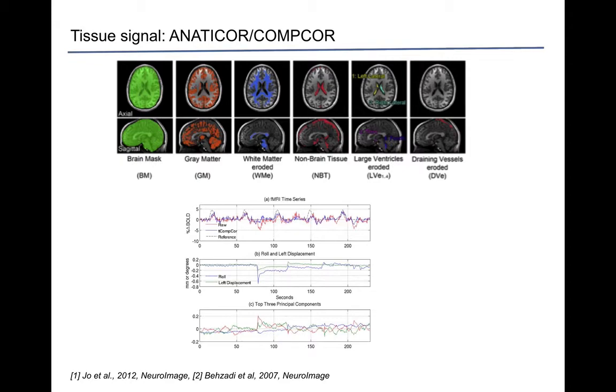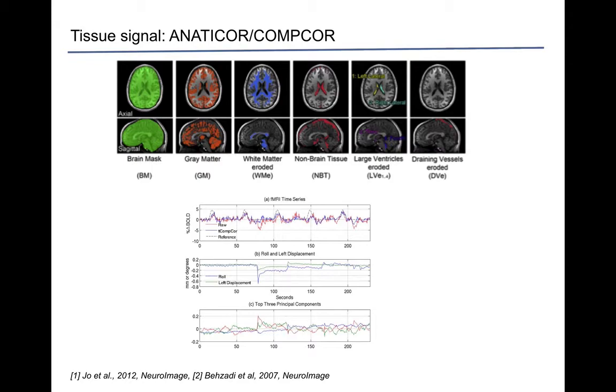But reducing the effect of physiological noise using the approaches that I mentioned requires some external recording. There are other approaches that do not require external recordings, and they are actually using the tissue signals.